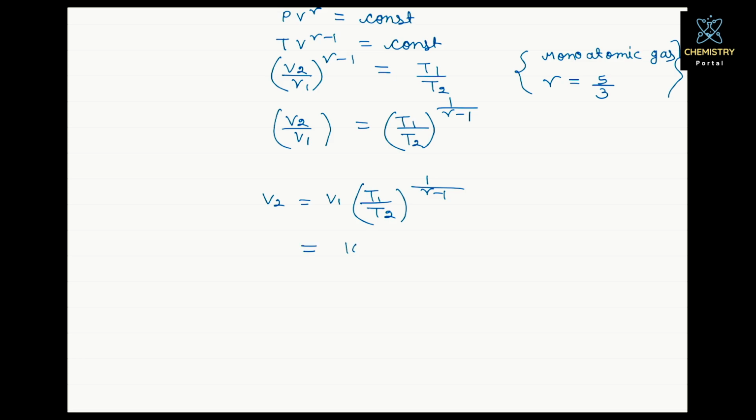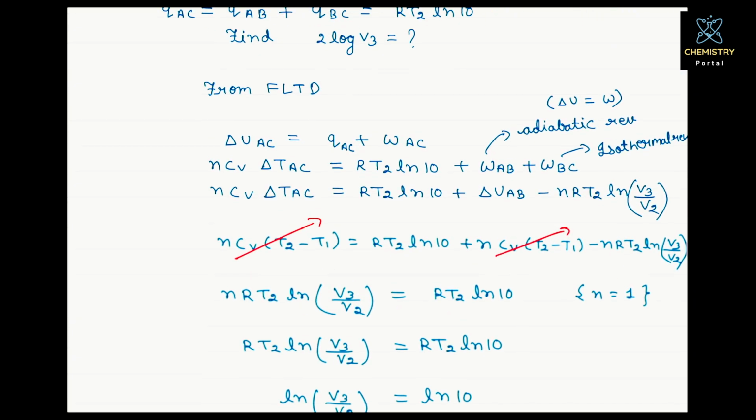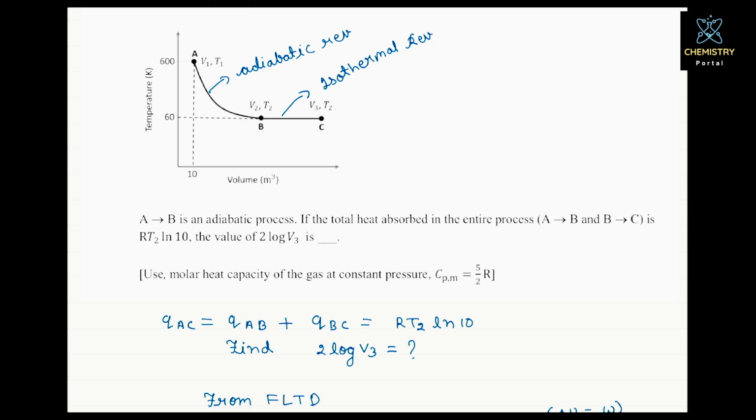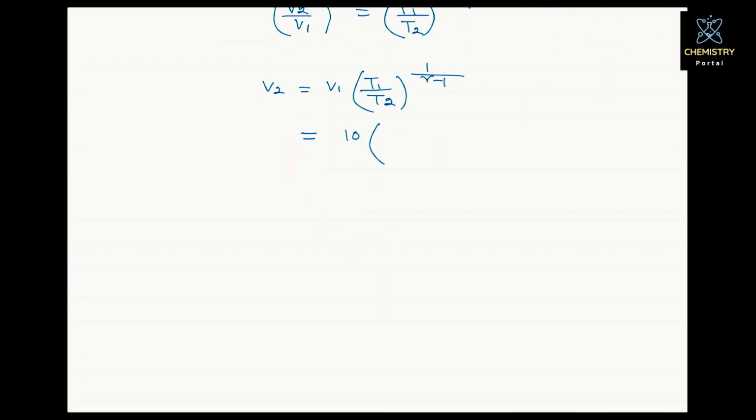V1 value is 10, and T1 value is given in the question. See the graph. T1 is 600 Kelvin and T2 is 60 Kelvin, because the y-axis is temperature. And gamma is 5 by 3.